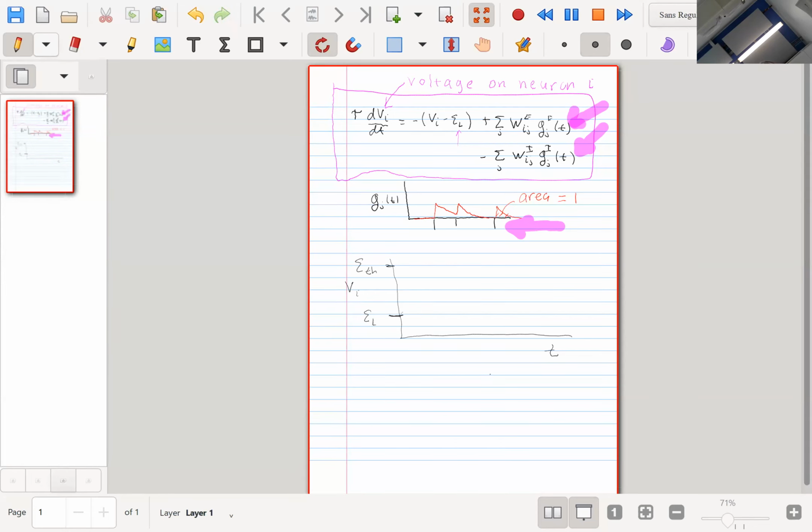If the input were completely constant, it would just go up, generate a spike, and come back down. Go up, generate a spike, and come back down. What we calculated earlier was T spike, the time between spikes. The firing rate of the neuron, nu_i, is equal to 1 over T spike.